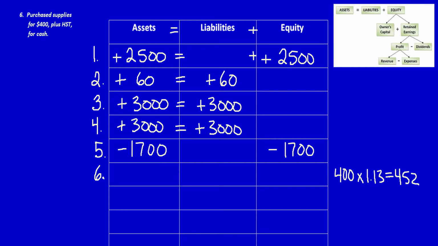Assets increase by $452. What did the business give away? Well, they gave away cash, which is an asset, so the asset also decreased by $452. Notice the equal sign still works. Assets in total changed by nothing. Liabilities changed by 0, and equity changed by 0, so it's still a balance. Let's look at transaction number 7.